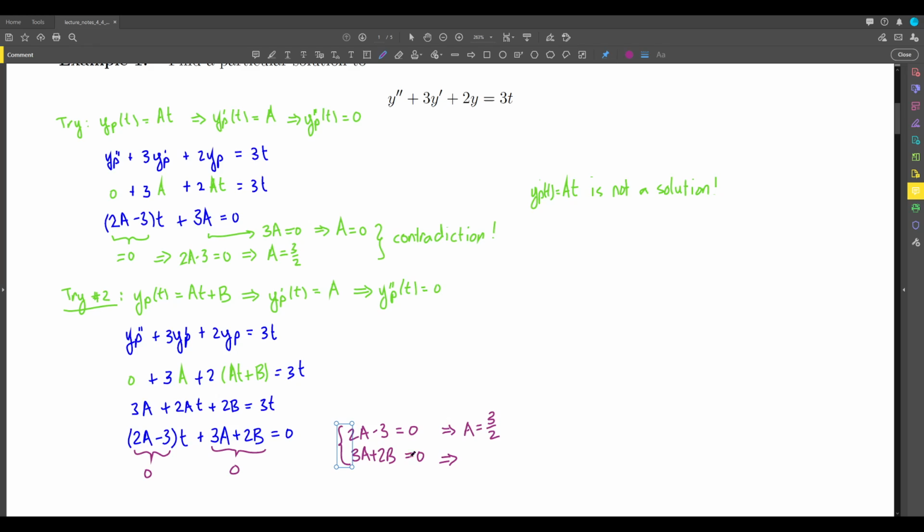And then the second equation turns into 3 times 3/2 plus 2b equals 0. So this is 9/2 + 2b = 0. Bring that to the other side. We get 2b = -9/2, and then b = -9/4.